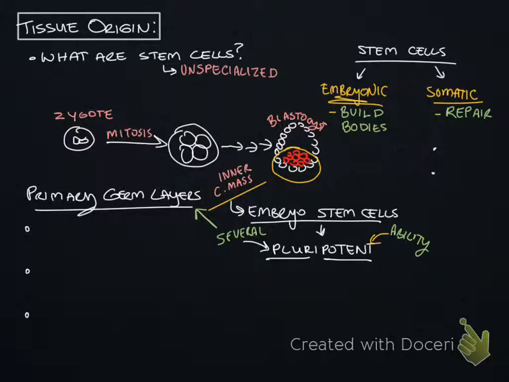We're going to get the ectoderm. This layer of tissue is going to become like your nervous system, your skin, your epithelial tissue known as the skin, the epidermis, and then also things like the lining of your oral cavity and the rectum. Then we're going to get the mesoderm.